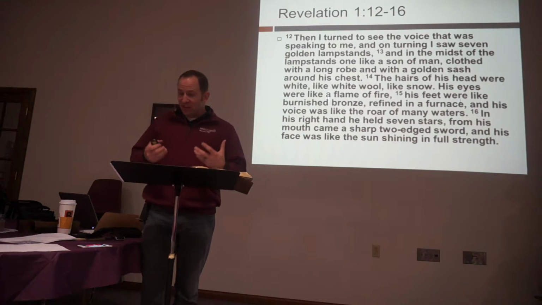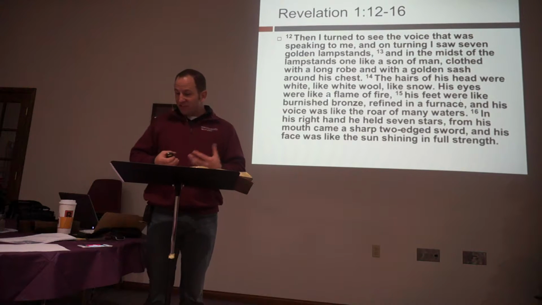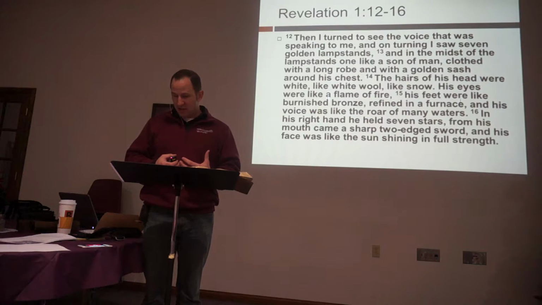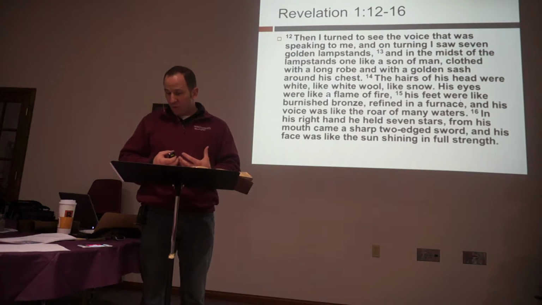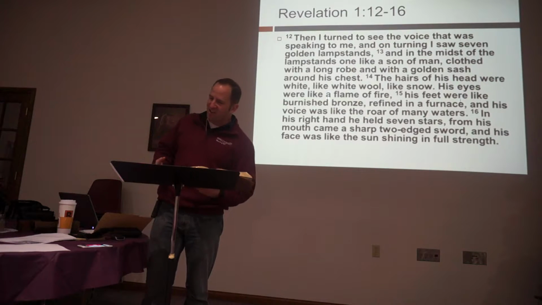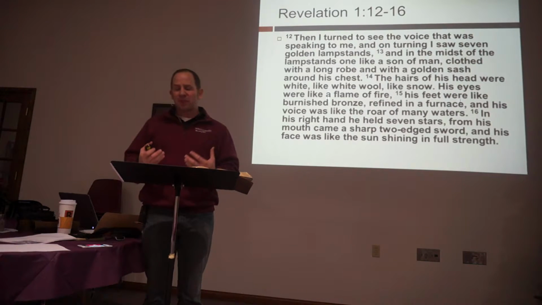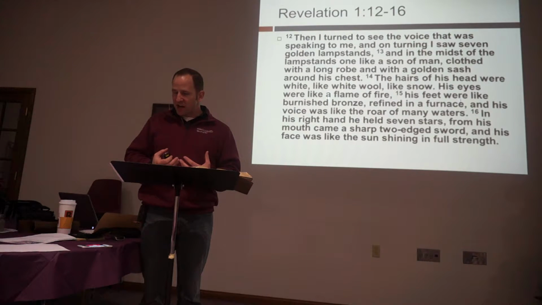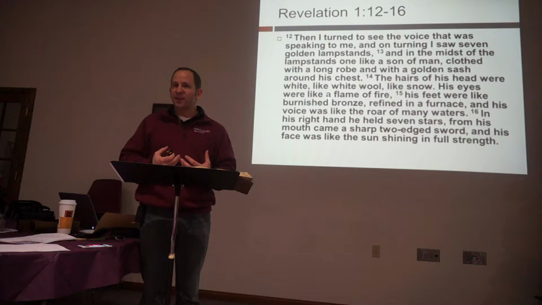His eyes were like a flame of fire. His feet were like burnished bronze refined in a furnace, and his voice was like the roar of many waters. In his right hand he held 7 stars, and from his mouth came a sharp, 2-edged sword, and his face was like the sun shining in full strength.